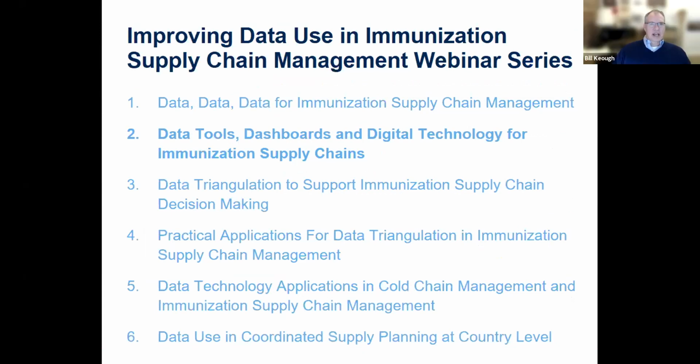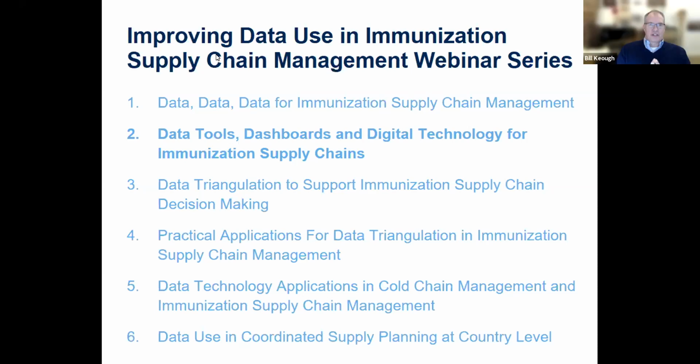So this is the second webinar in the series, Improving Data Use in the Immunization Supply Chain. We hope you can join us for some of the future webinars. For the next two, we're going to be focused on data triangulation. In the next one, we're going to be joined by our colleagues from Village Reach, and we're going to talk about data triangulation and also how it can improve decision-making in the immunization supply chain.